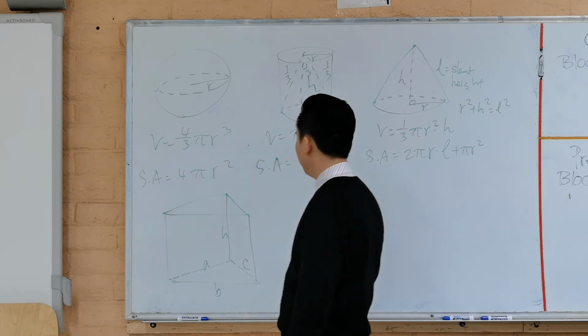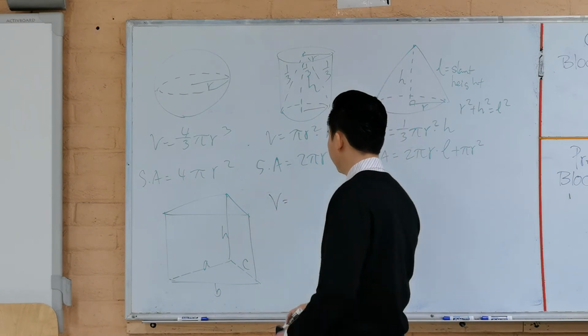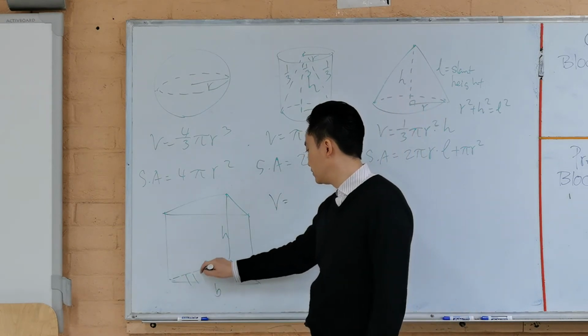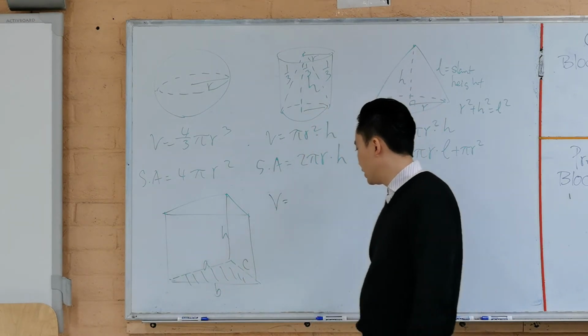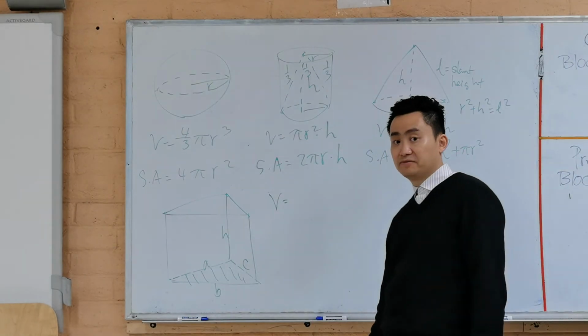So the way to find the volume for this triangular base prism, you start with the area of the triangle at the bottom. Let's say the height's not given, we can use Heron's formula.